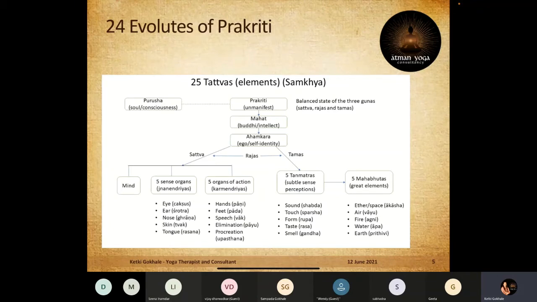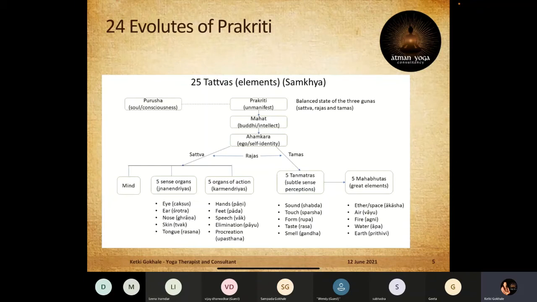So the lame person sits on the shoulder of the blind person, and the lame person shows him the path, and the blind person walks. So similarly, purusha and prakriti come in proximity for something. That is for the creation, that is for the manifestation.